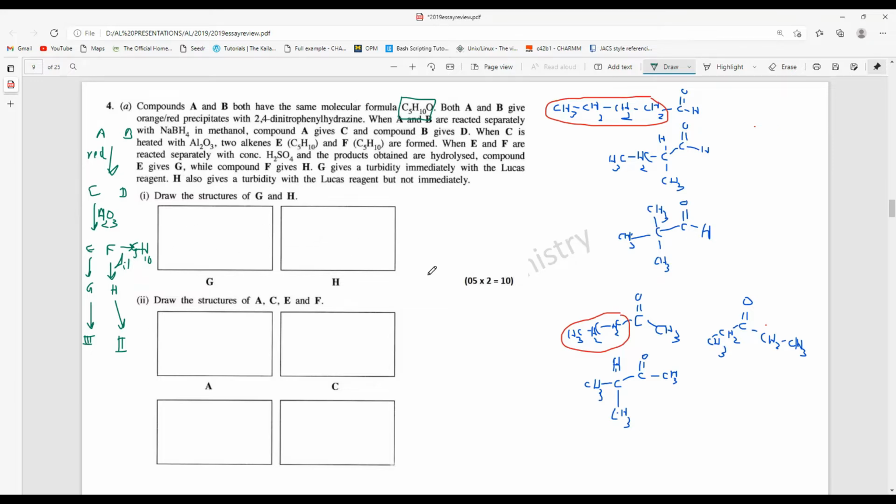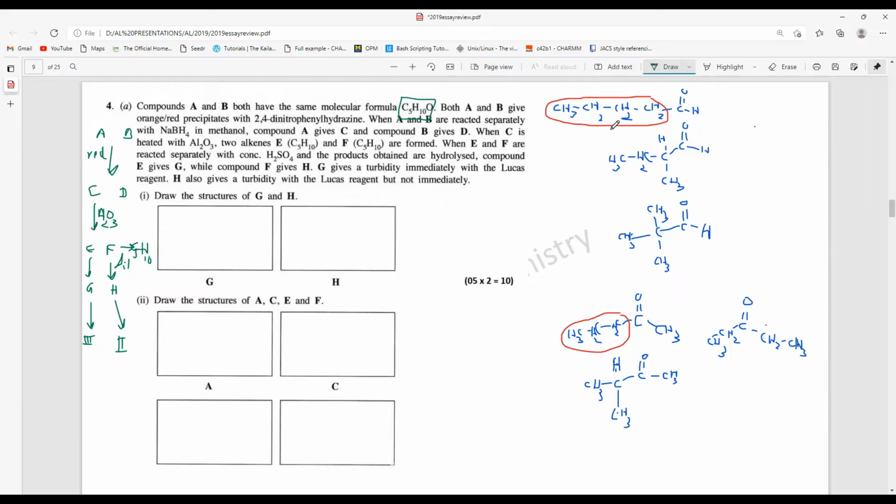But before that, we will elaborate this question a little bit more. So these 2 compounds will have this formula. First we will try to draw the aldehydes and the ketones that we can obtain from this formula. That is what I have drawn here. There are 5 carbons, and 10 hydrogens, with 1 oxygen.